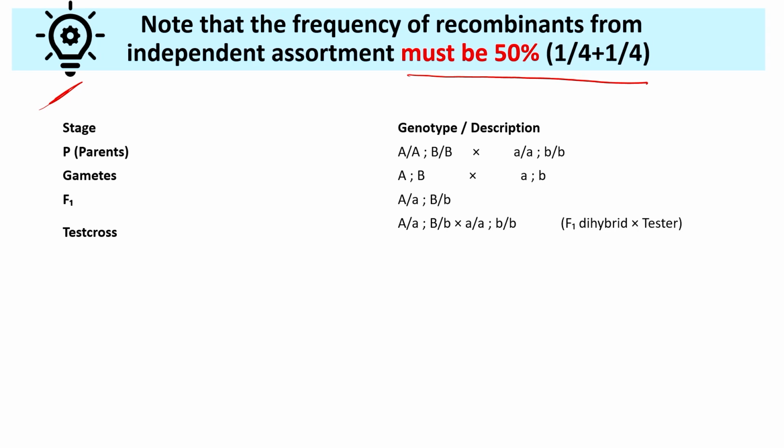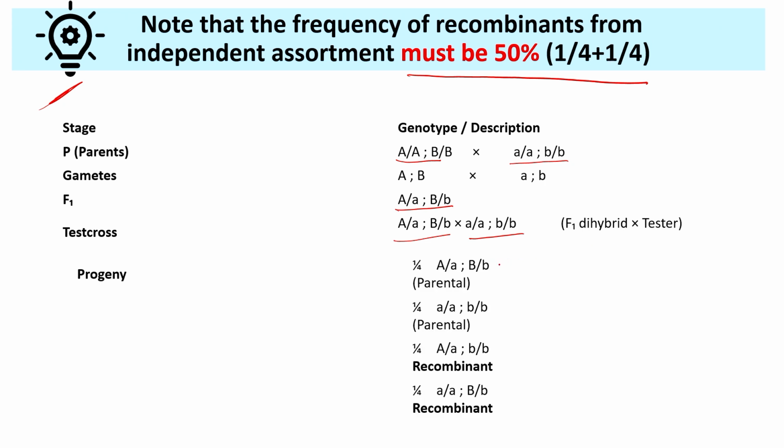So just look at this example. The same dominant combination crossed with the recessive combination gives this heterozygous F1, and if you cross this heterozygous F1 with the recessive tester, then you will get these combinations in a 1:1:1:1 ratio, right? So you are going to get these two parental types, capital A, capital B together and small a, small b together.